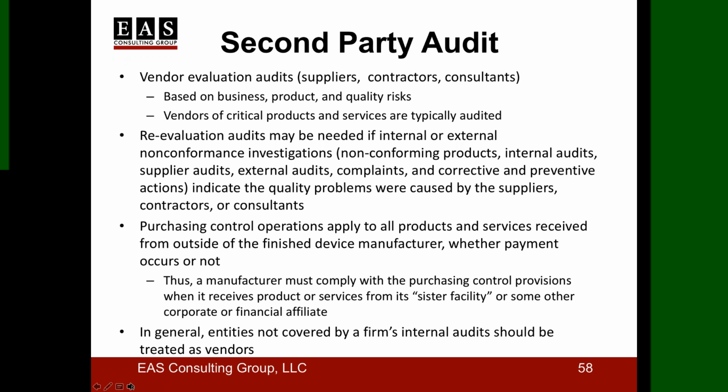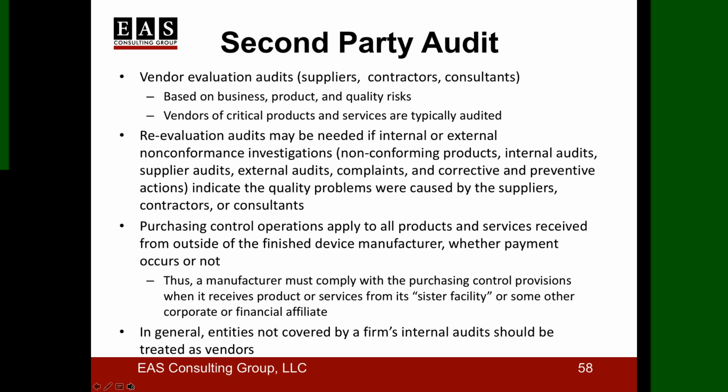Sometimes it says, well, even though you are not a finished device manufacturer or contractor, we want you to meet Part 820, or these parts of Part 820. So that could be an internal requirement that the company has.